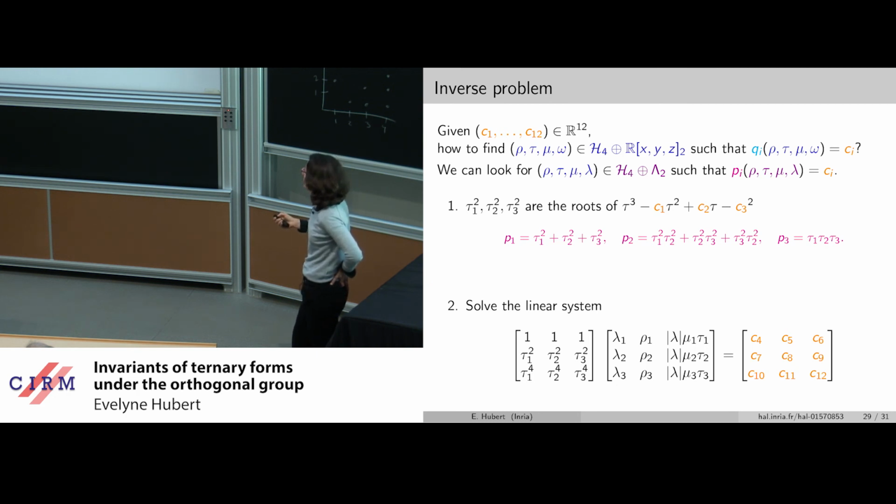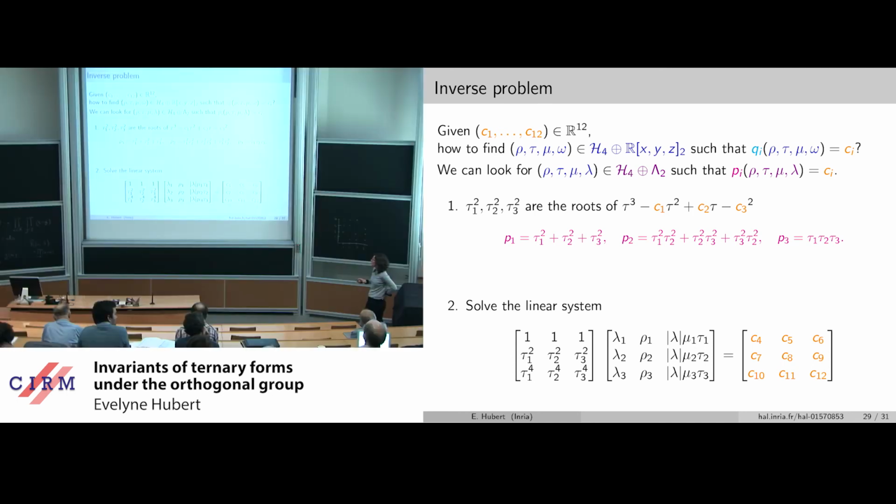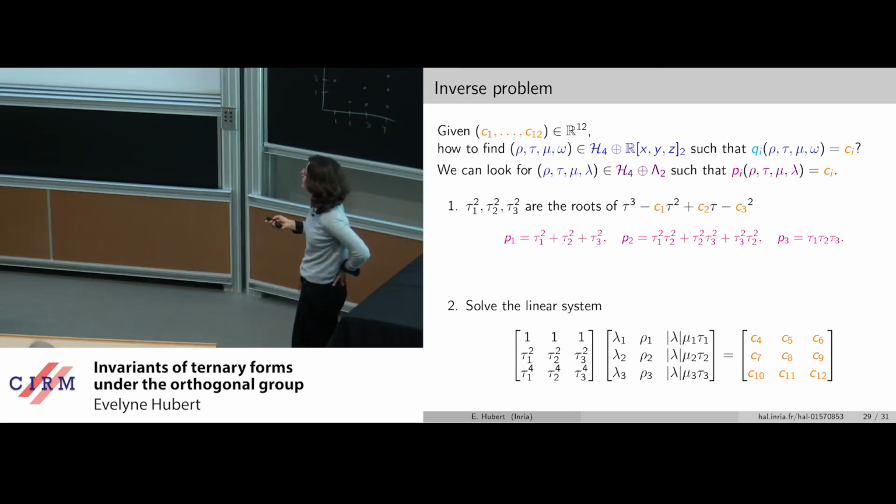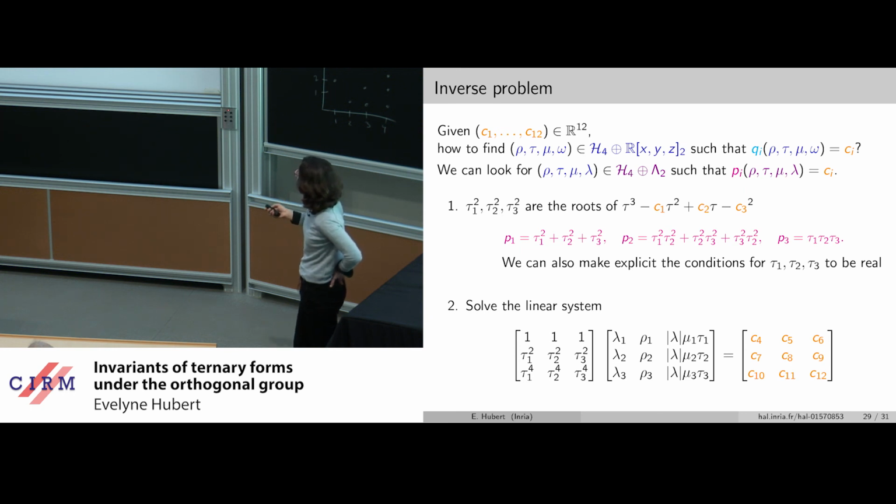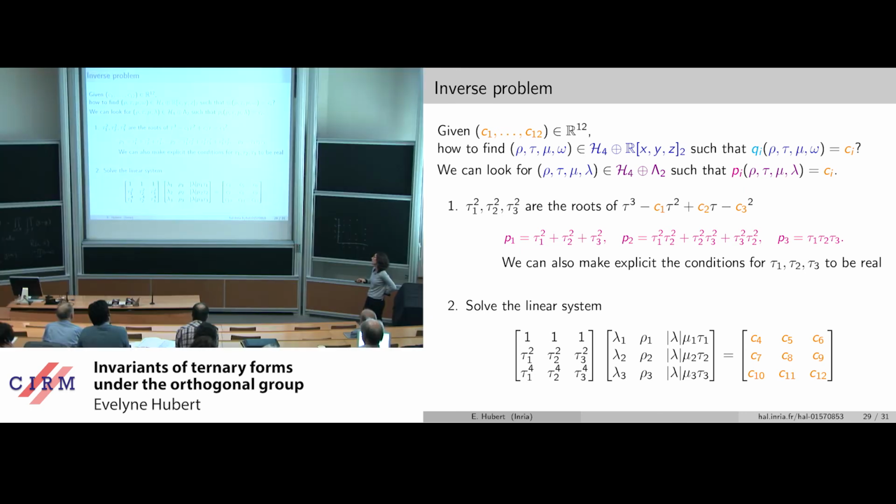Then you just have to solve a linear system that will give you the other components of your degree 4 polynomial. So that's the inverse problem. The question is when do you get something that is real and something that is positive? Real we can answer, positive is not clear.